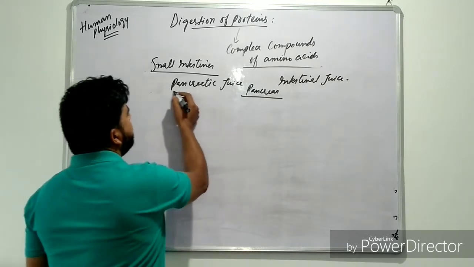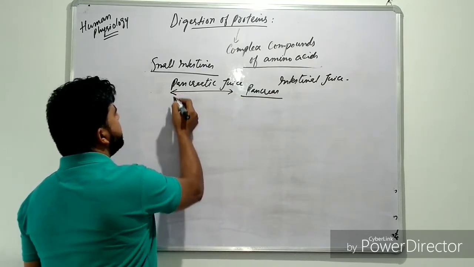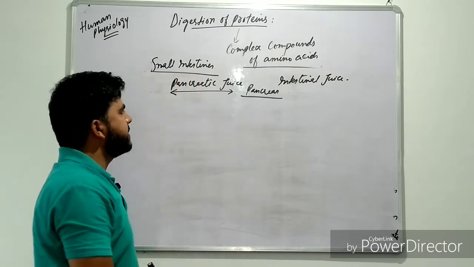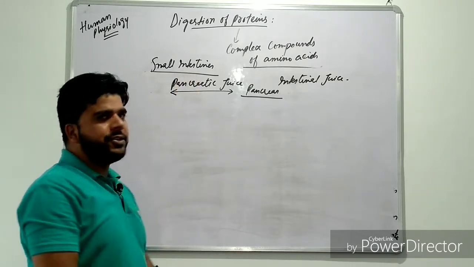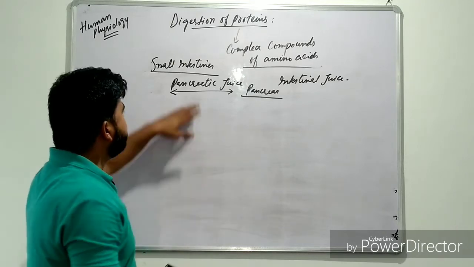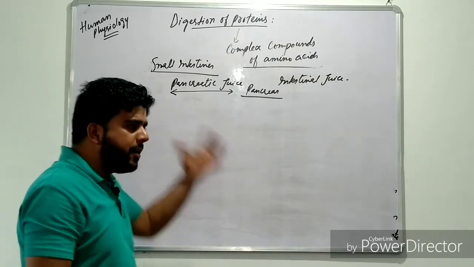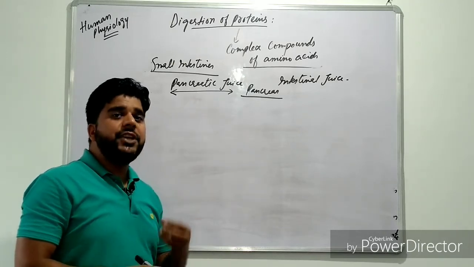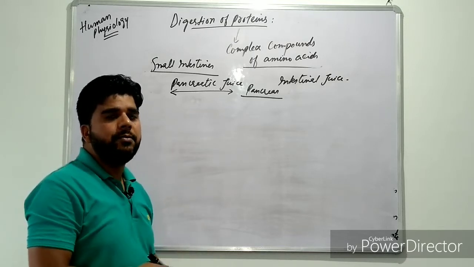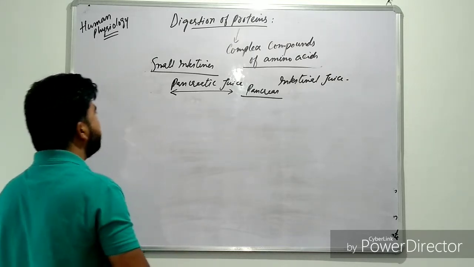So this pancreatic juice when it reaches into the small intestines, how does it help in the digestion of the proteins? Actually, this pancreatic juice contains so many enzymes which actually carry out the digestion of the proteins. What are those enzymes?